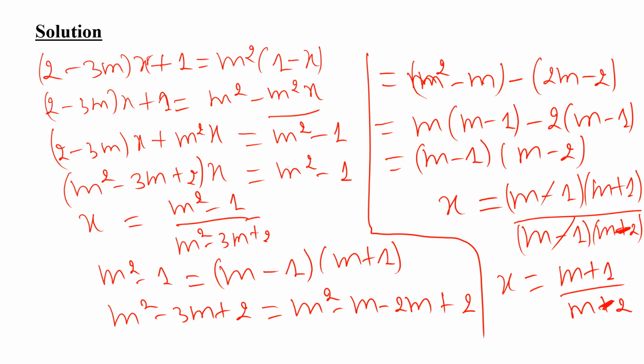Now we are going to discuss on the parameter m. Our x is equal to m plus 1 over m minus 2.